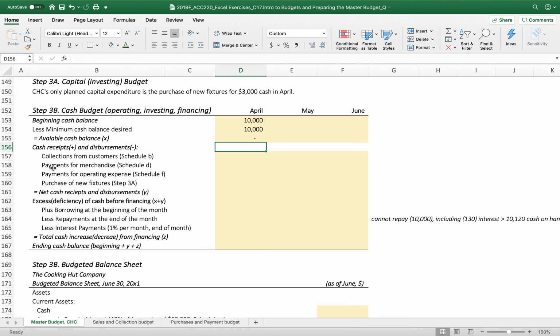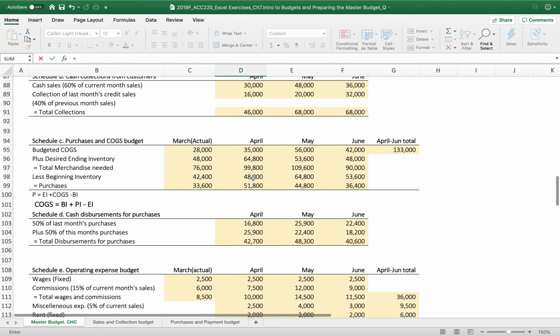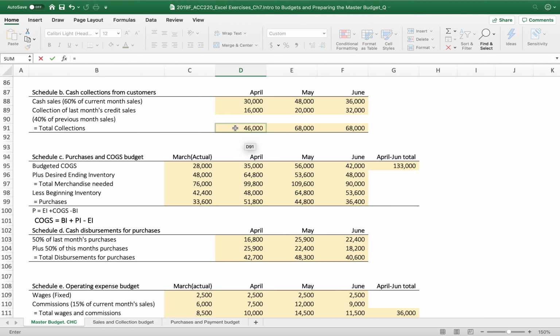Then, based on all the information from the schedules in terms of disbursements or cash receipts, we collect all the data: the collection from customers on Schedule B. Okay, here we go.